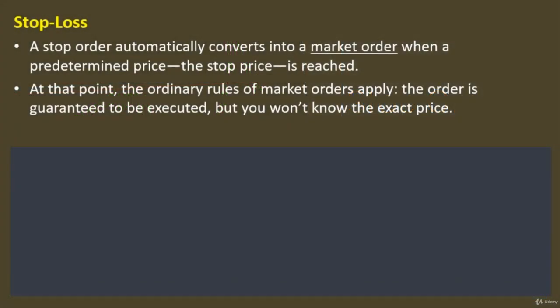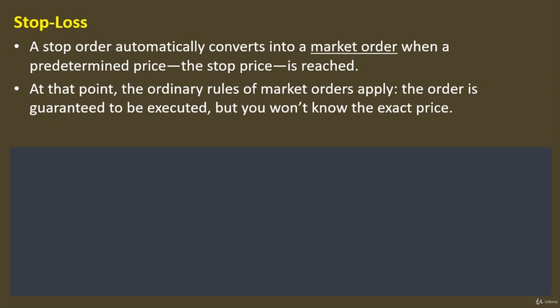So a stop loss is the real key one, kind of like a market order, used all the time for buying and selling. A stop loss is used all the time as well. And really what it does, it's a stop order that automatically converts into a market order, in effect a sell market order, when you reach a predetermined price. That's when the stop price is reached.